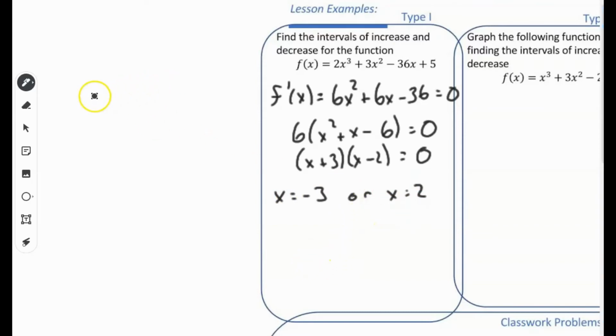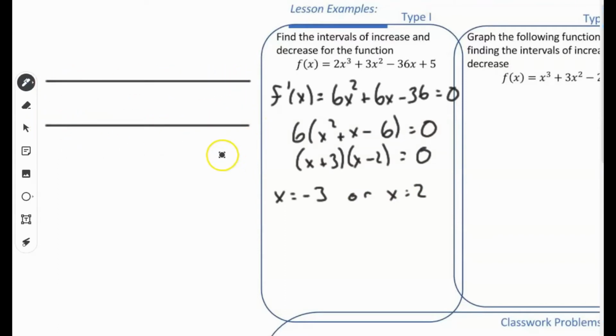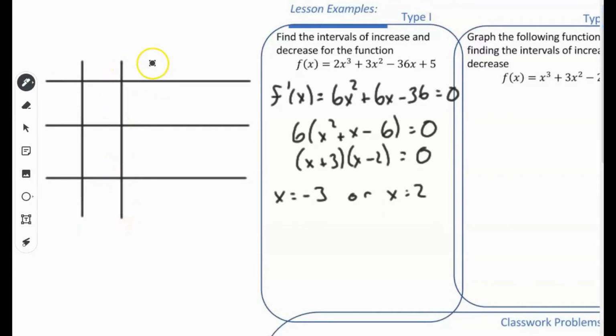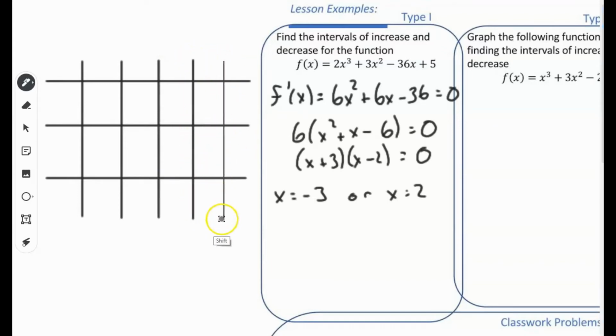So now what we're going to do is create a little chart. So let me go over here. We're going to create a chart. And we're going to compare different intervals. So first, let's look at the interval where x is less than negative 3.